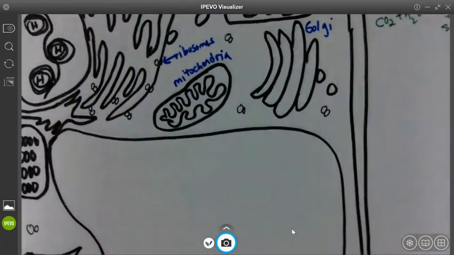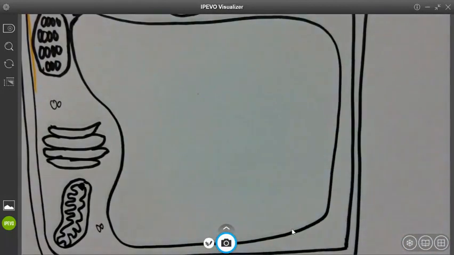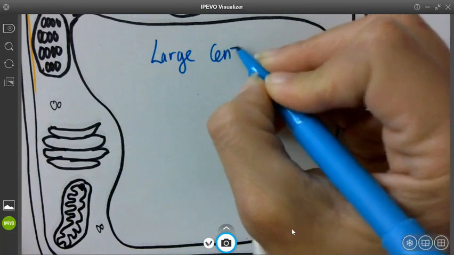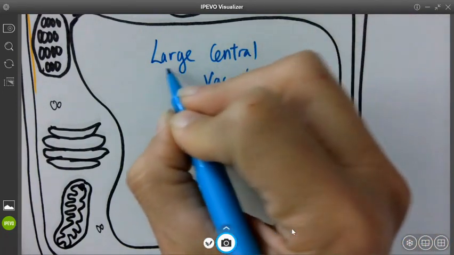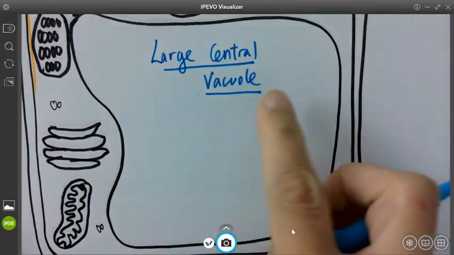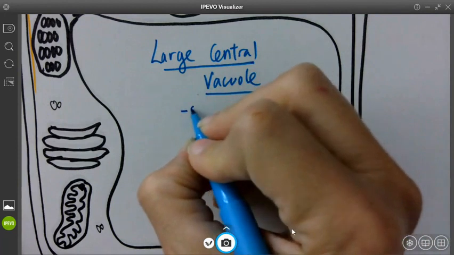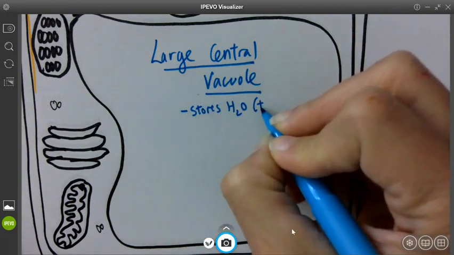Finally, a major difference between plant and animal cells is this large central vacuole. Animal cells might have smaller vacuoles for storage, but only plant cells have this large central vacuole. It stores water and helps maintain turgor pressure.